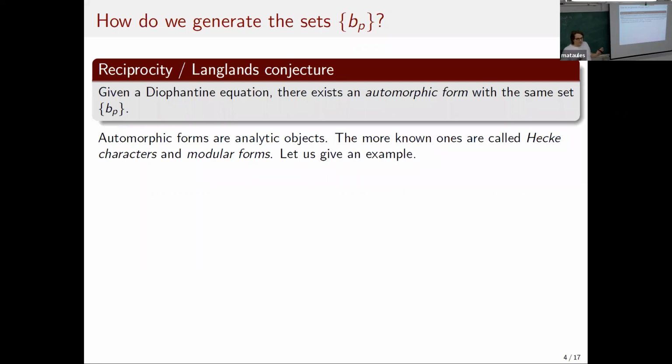So conjecturally, if we have a Diophantine equation, there should be some analytic object that gives the same information as the equation. So in here, the automorphic form, and the connection between these two is actually going to be reciprocity.